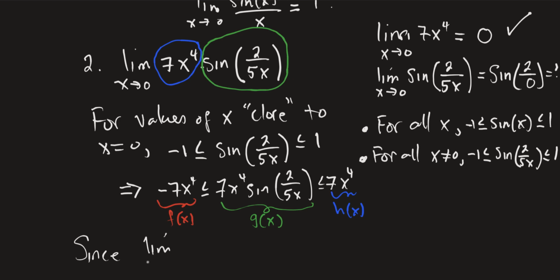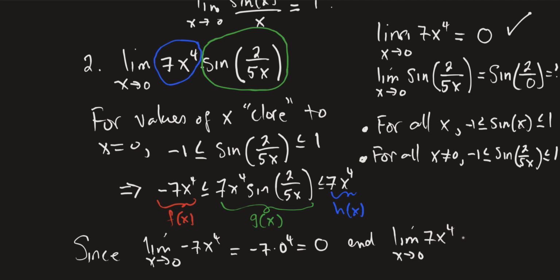The limit as x approaches 0 of negative 7x to the fourth. Now we have an elementary function that we can plug in 0 and evaluate and get an answer, and that's equal to 0. Let's do the same for the upper function, 7x to the fourth, so that's 7 times 0 to the fourth. That's also 0. So h of x approaches 0, and g of x approaches 0 as x approaches 0.